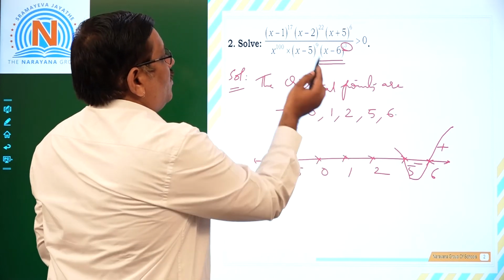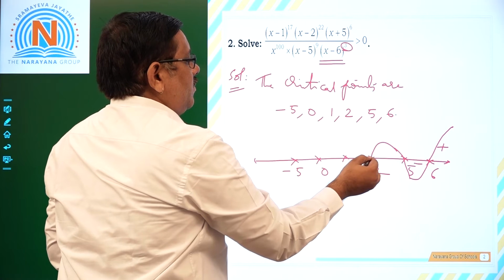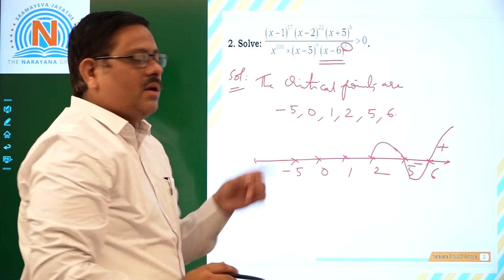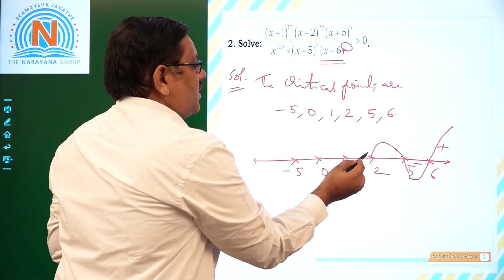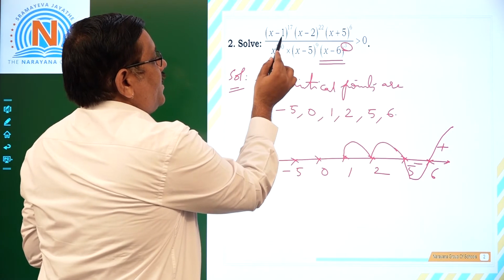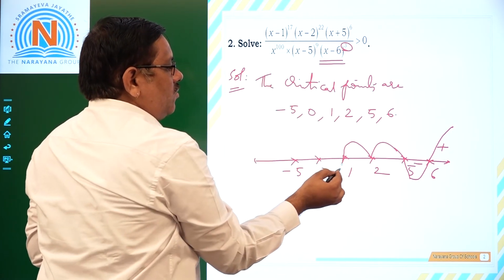Next, from 5 to 2. 2 is having power 22. So from 5 to 2 it is positive. X minus 2 whole power 22 we have. 22 is even. As it is even, the nature of the curve remains the same till 1. 1 means x minus 1. Power is 17 which is odd. As it is odd, the curve moves down.